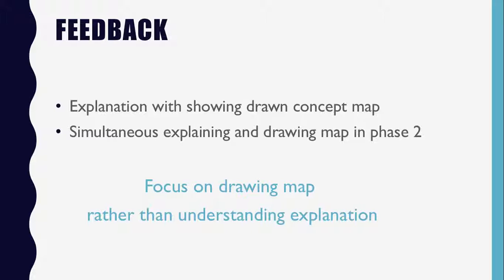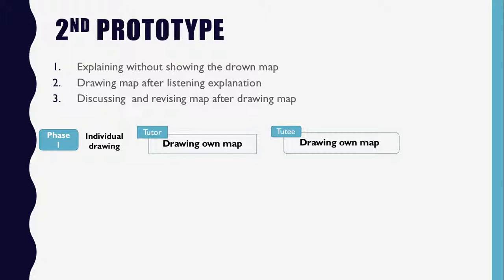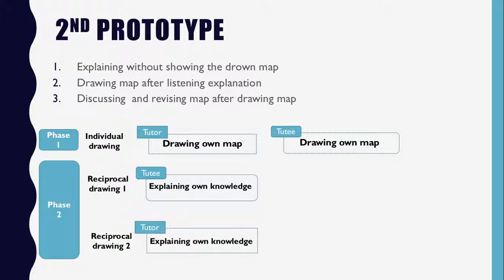So for my second prototype, I tried to make certain guidance for each step. Technically, the first phase is the same, but in the second phase, when they explain their ideas, their knowledge, I guide them not to show the concept map they drew in the first phase.